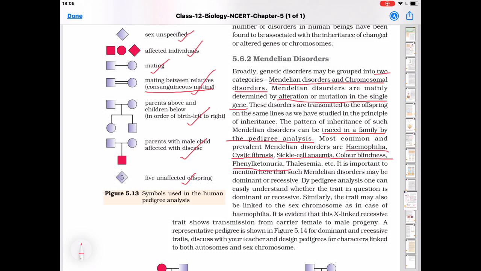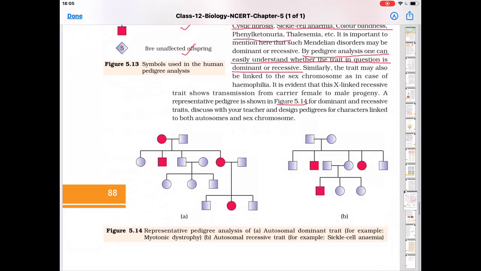By pedigree analysis, one can easily understand whether the trait in question is dominant or recessive, or whether it is sex-linked or autosomal. So here, figure 5.14, A part: the circle is red and the square is normal.